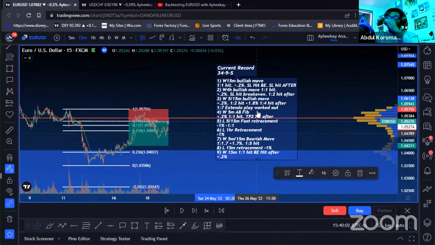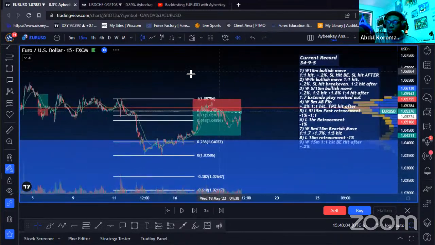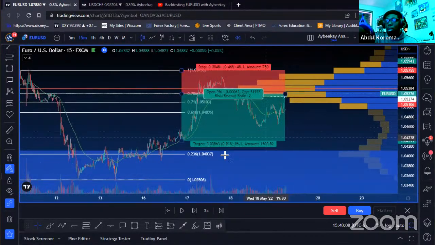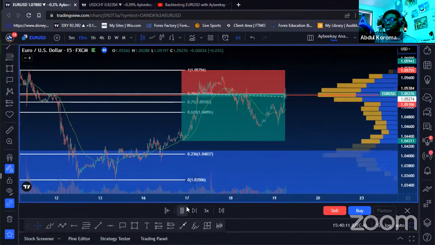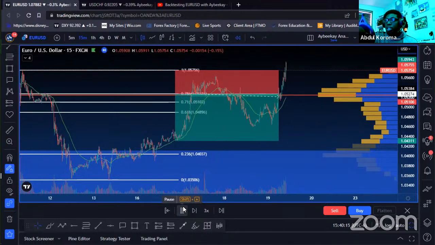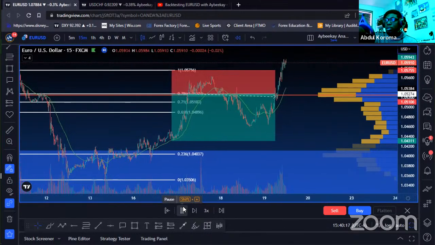All right, and then last but not least, let's go ahead and get this last trade going. We'll find out about it right now. Price hit stop loss after.